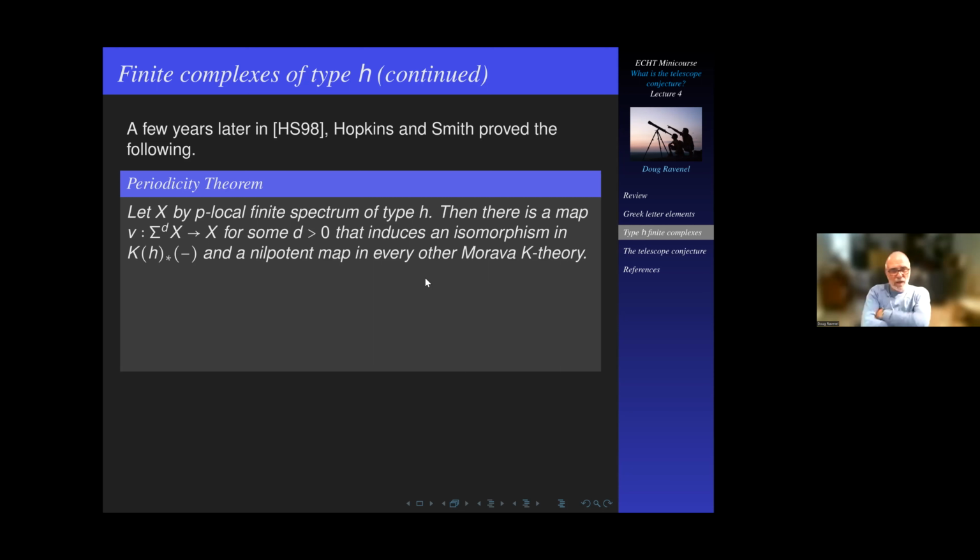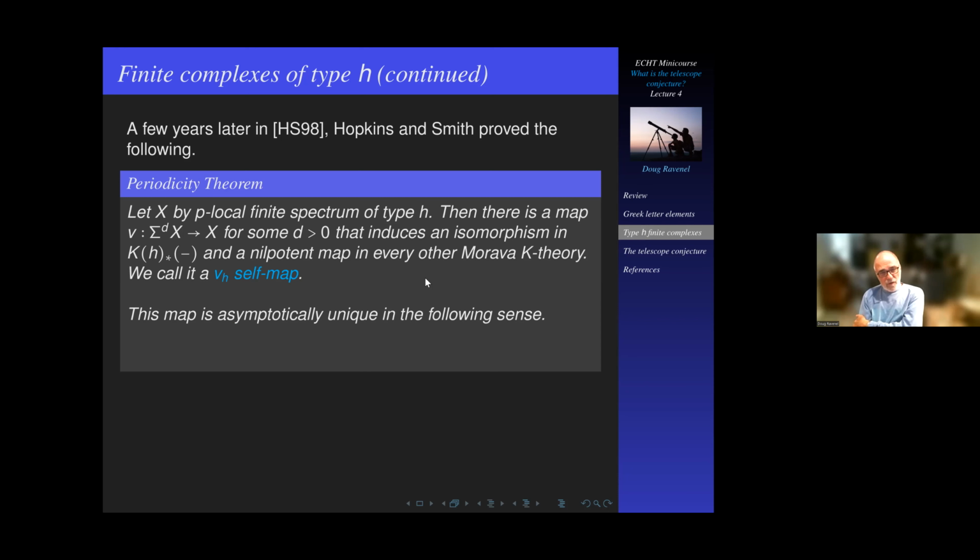It induces an isomorphism in K(h), the Morava K-theory indexed by h. And in every other Morava K-theory, it induces a map that's nilpotent. Some iterate of it is 0. So there is a map like this that induces an isomorphism in the first non-trivial Morava K-theory that's available. And we'll call this thing a v sub h self-map.